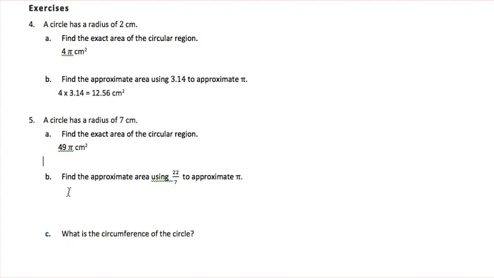The approximate area using 22/7 would be 49 times 22/7, which is approximately equal to 154 square centimeters.